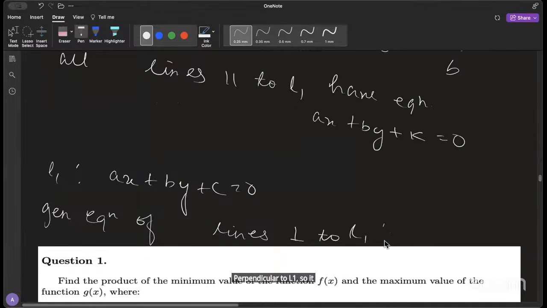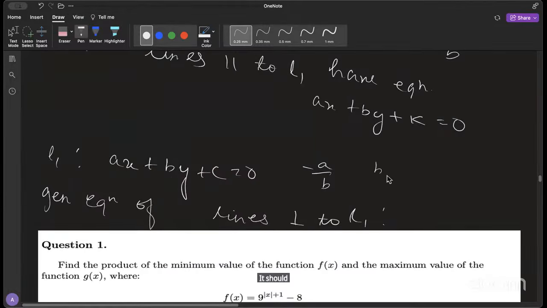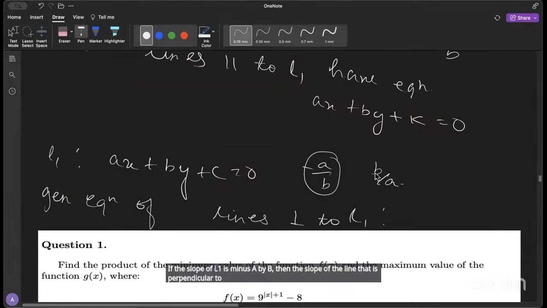The slope of L1 is again minus a by b. And what should be the slope of the line perpendicular to this one? It should be b by a, right? If the slope of L1 is minus a by b, then the slope of the line perpendicular to L1 should be b by a, because I want the product to be minus 1, right?